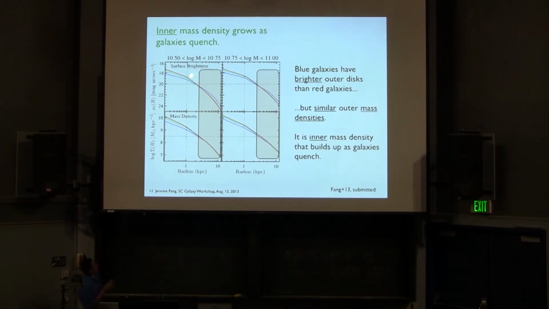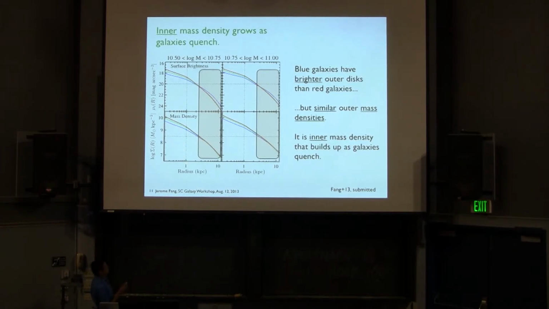But if we now look at the mass density profiles, and so these are the average mass density profiles for galaxies in those bins, you see something rather interesting. Whereas with light, you see there's a difference. Blue galaxies look brighter. When you look at the mass profiles, you actually see that galaxies, regardless of their color, have very similar outer mass density profiles. So it seems that the outer mass kind of remains constant as galaxies quench.